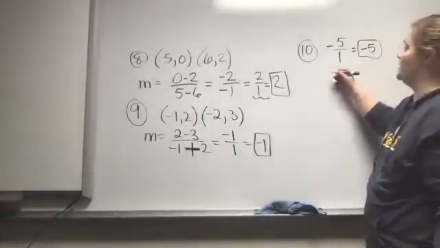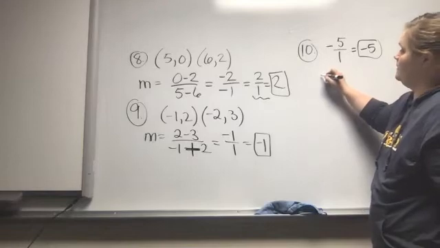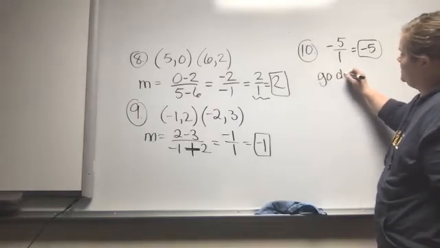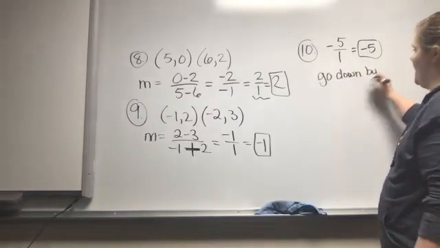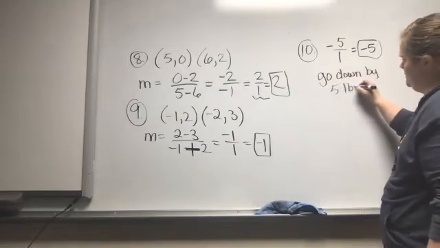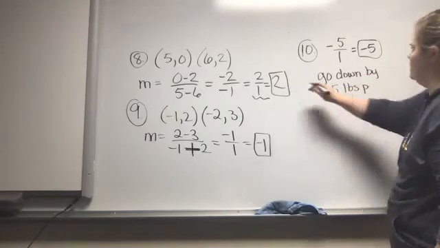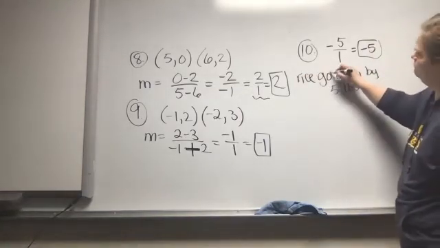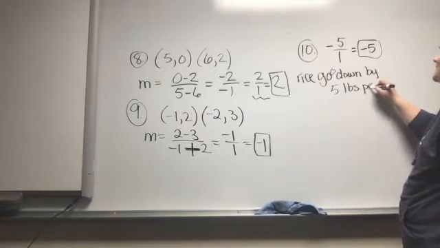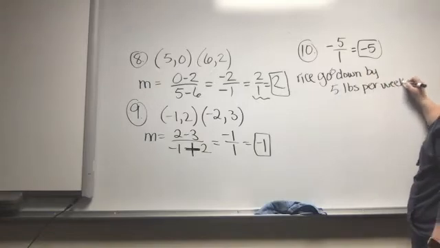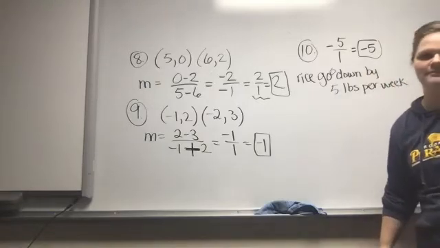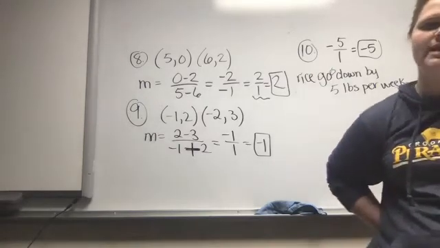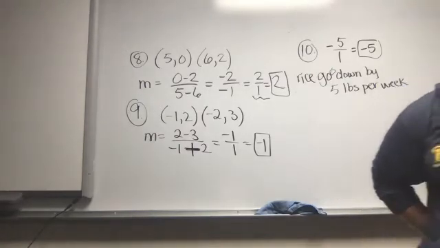So it is saying, we'll say goes down by 5 pounds. Oh, probably rice. Rice goes down by 5 pounds per week. So the rice goes down by 5 pounds per week.